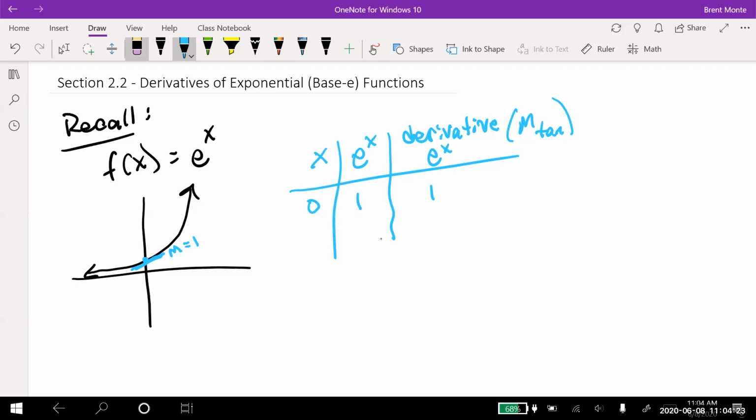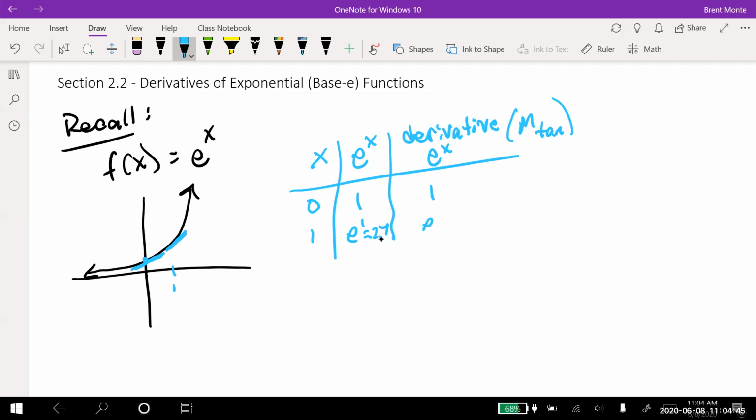Let's go ahead and erase a piece of this so that it doesn't get in our way, and go back to the graph. If I go over to x is 1 and I look at the tangent line right there, it looks about like that. At 1, this is going to be e to the 1, which is about 2.7.